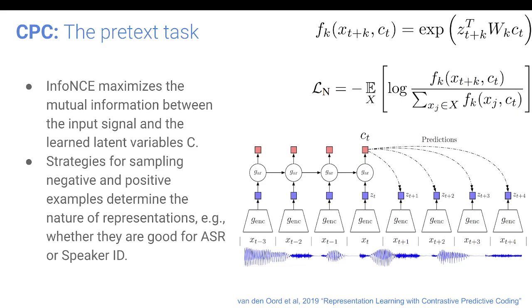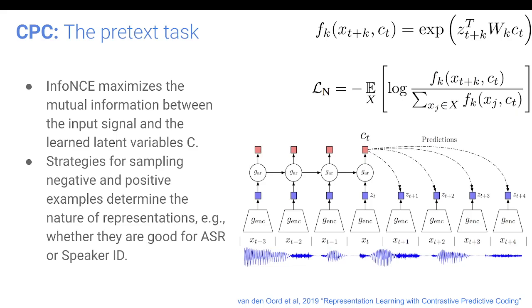While if you select negatives from other samples in the mini batch, you would focus on learning representations that distinguish speakers and not necessarily focus on the content, because multiple speakers will be in different sentences.